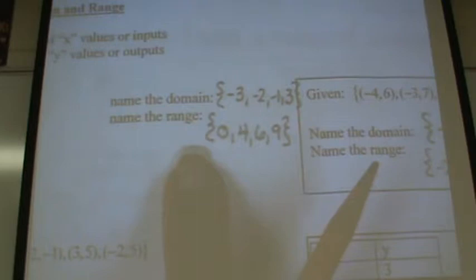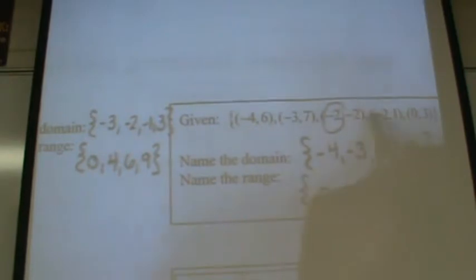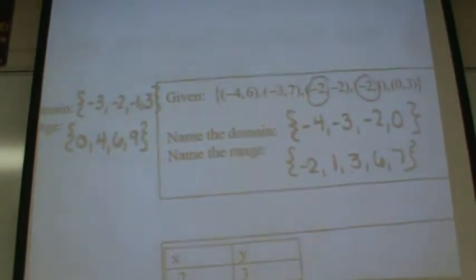This one, yeah. If you see any x value repeating, it's not a function. So for the first example we did, that is a function. But the second one is not a function because -2 was repeated. So when you see any x value repeating, it's not a function.